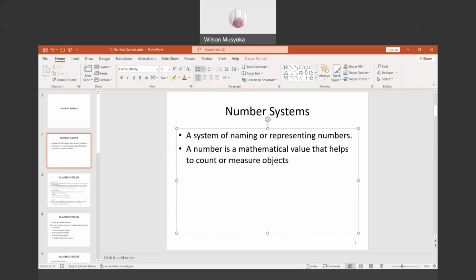That is what a number is. So at the end of the day, it will help in performing various mathematical calculations.